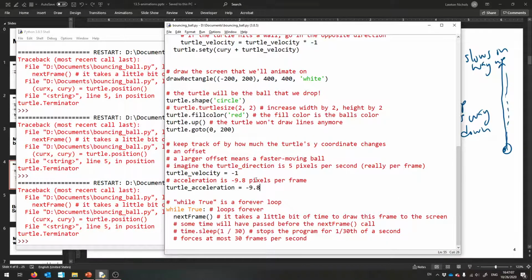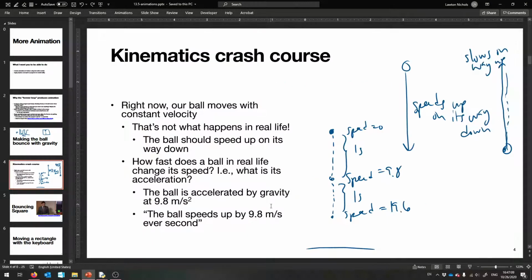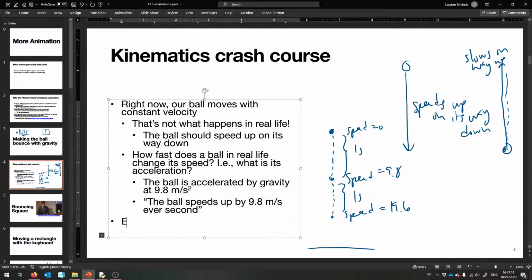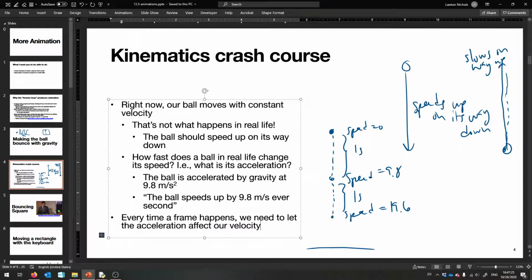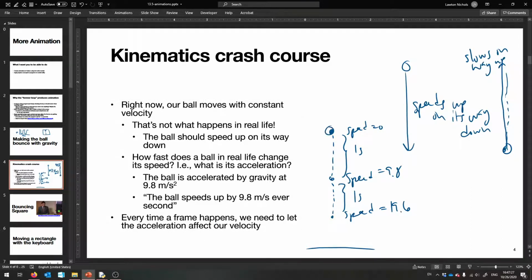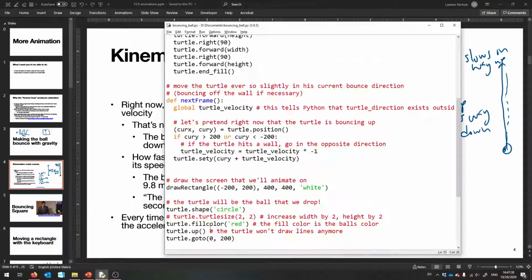All right, so now we need to affect our acceleration. Okay? Every time a frame happens, we need to let the acceleration affect our velocity. So if we're up here and a little bit of time has passed between each frame, our speed should be getting faster. We should be heading towards the ground a bit faster.